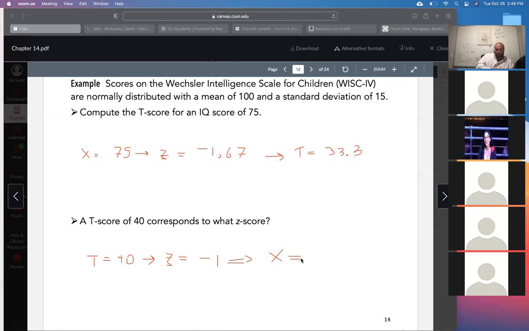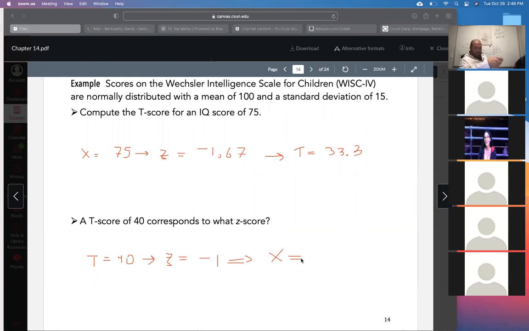Wait, I'm sorry. How did we get -1? What's the formula that connects T and Z? What's the formula that connects your T-score and your Z-score? It's 10 times the z-score plus 50.